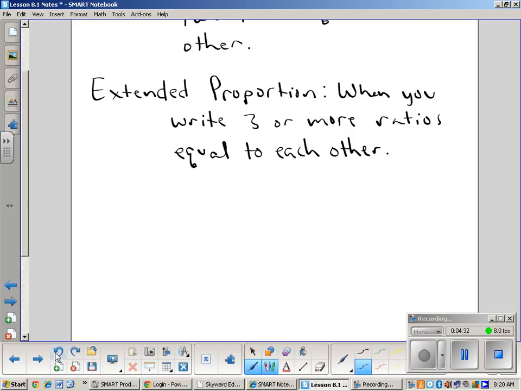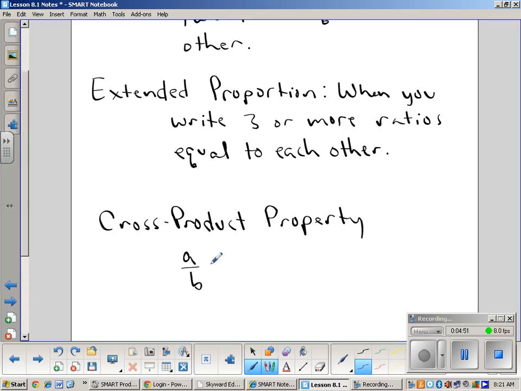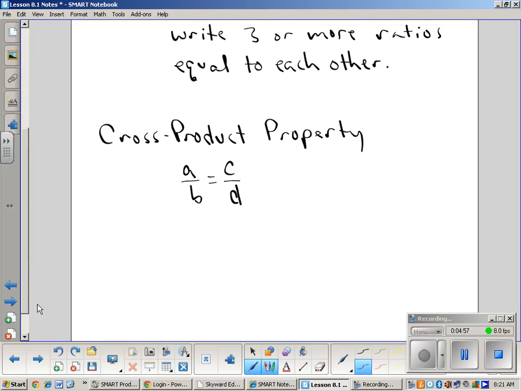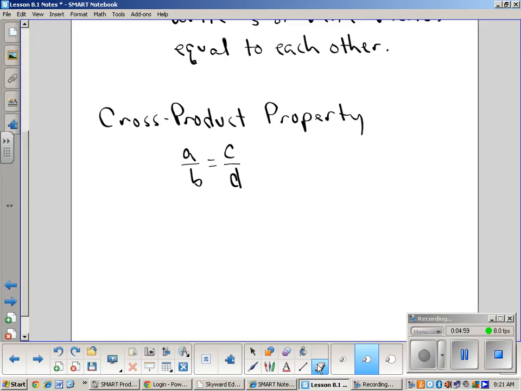Okay? All right. The property we want to talk about is called the cross products property. And I'm pretty sure that you will be familiar with it. A over B is equal to C over D, that's a proportion.